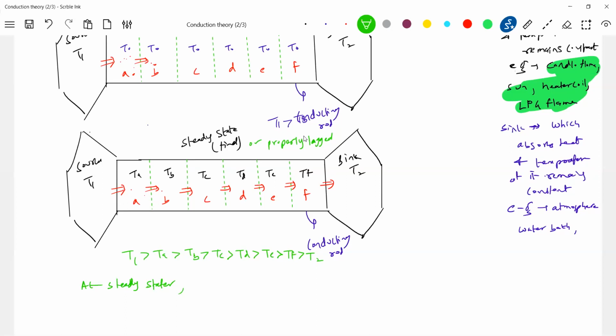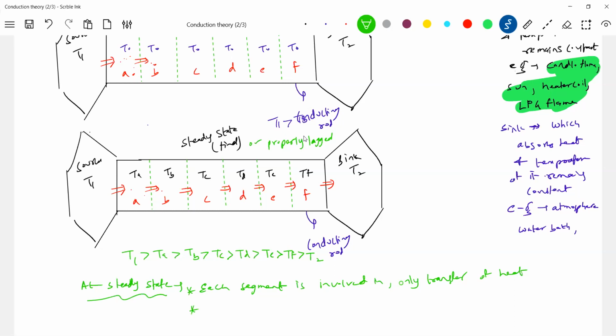At steady state, each segment is involved in only transfer of heat.